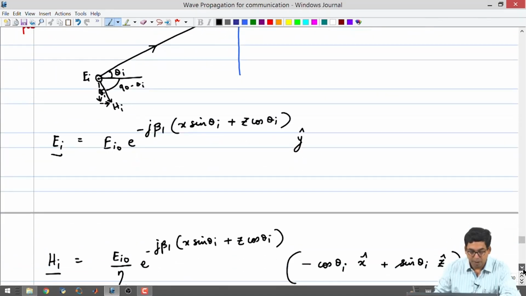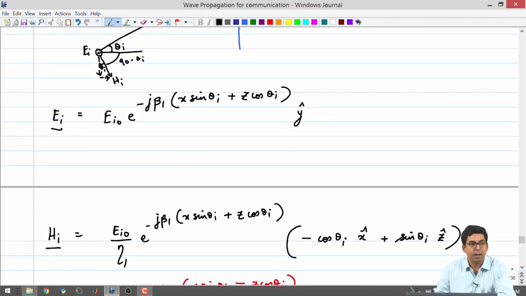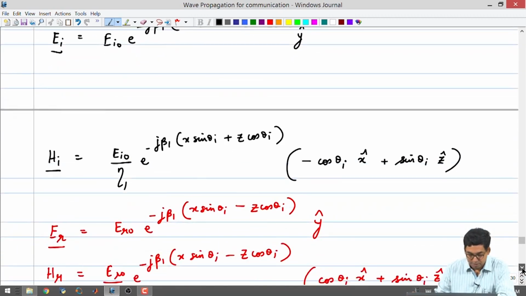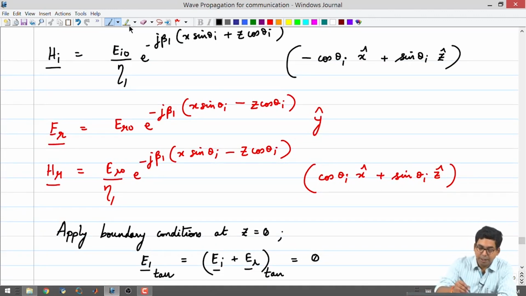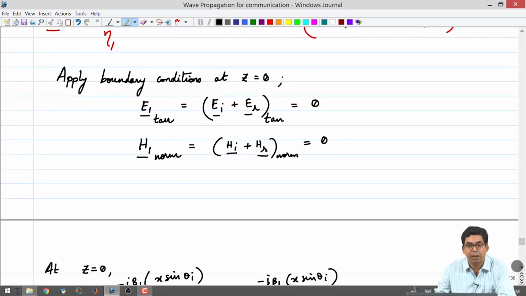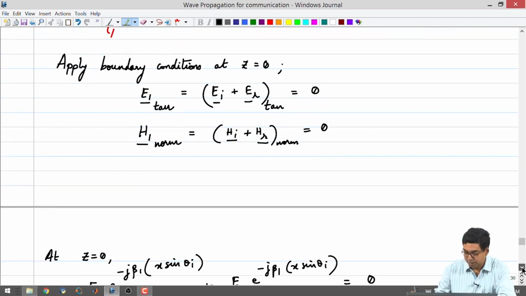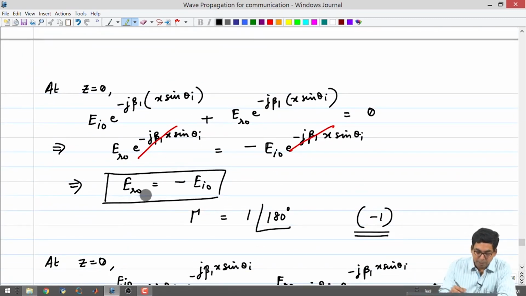We wrote down the expressions for the incident fields, identical to the dielectric interface case, and then the expressions for the reflected field in the way that we had assumed. We applied boundary conditions on the interface: tangential components of E field continuous, normal components of H field continuous. We obtained that the reflected electric field E_R0 is flipped in sign with respect to E_I0.